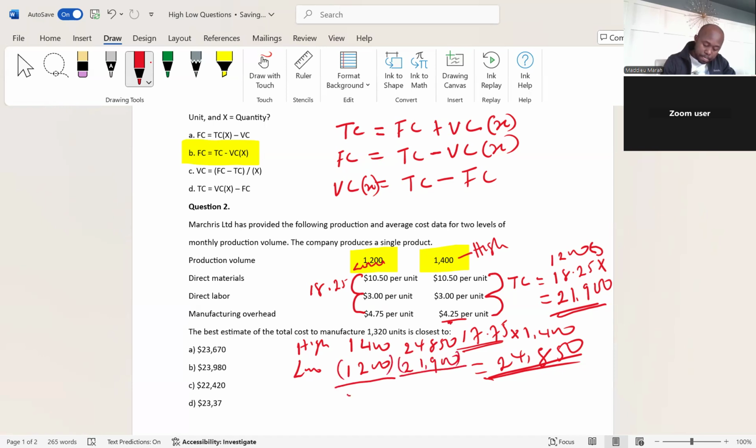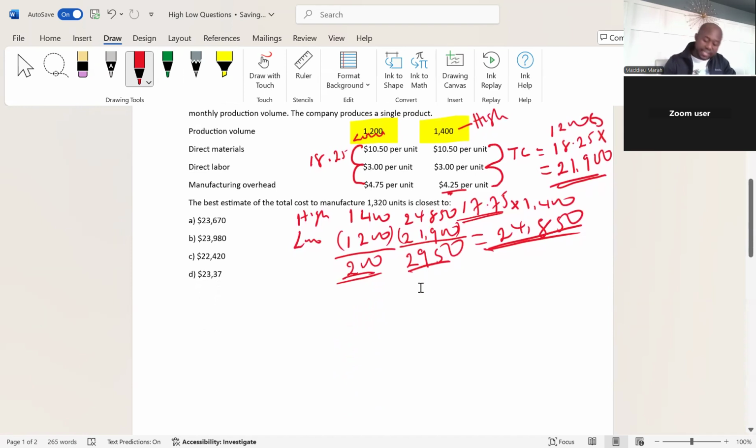This will give me 200, and 24,850 less 21,900 will give me 2,950. From this point, I can determine my variable cost per unit.